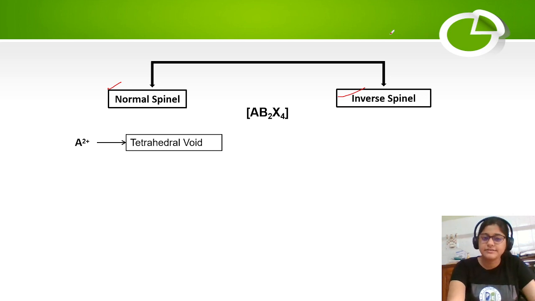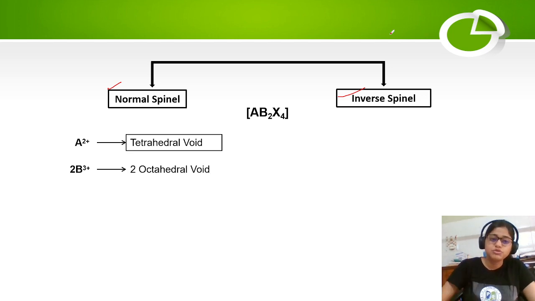We know cations are occupying the voids, so A2+ is occupying the tetrahedral voids. 2B3+, because it is in a 1:2 ratio, 2B3+ is there, so it will occupy the octahedral voids.